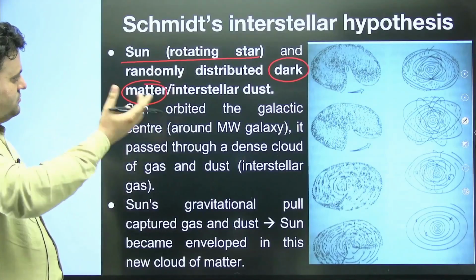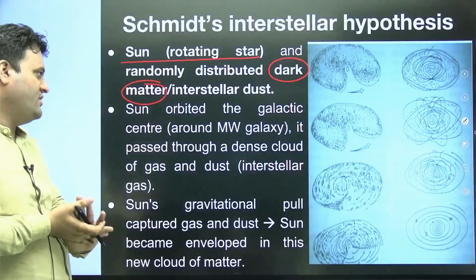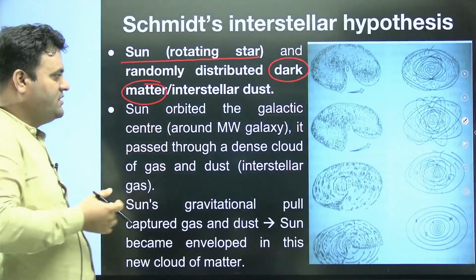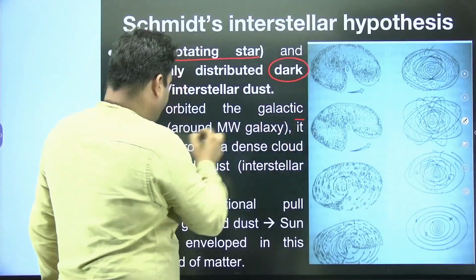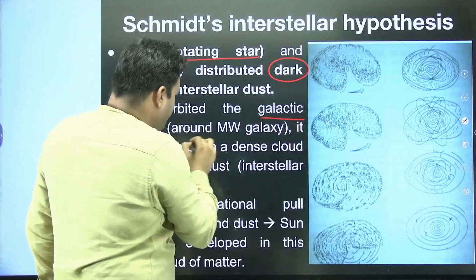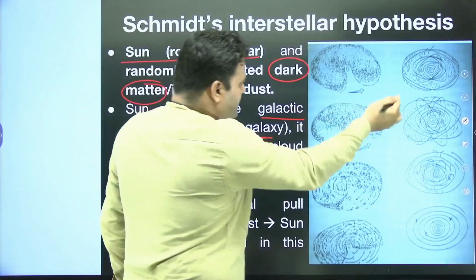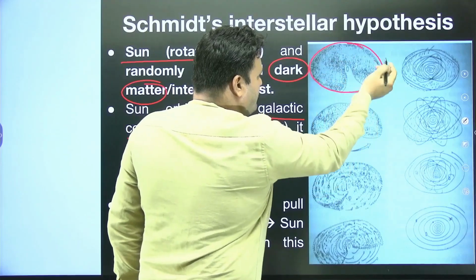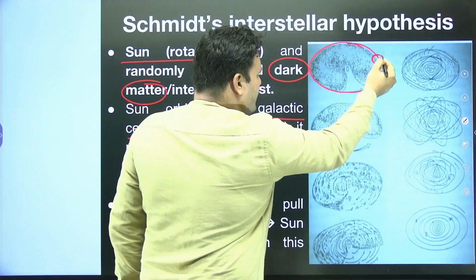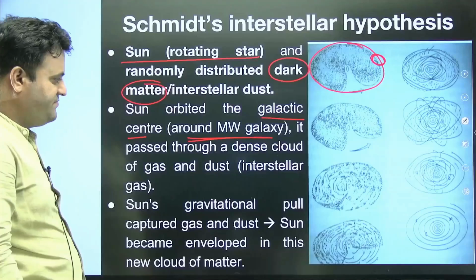So this sun, and we have dark matter or interstellar dust. Now the sun orbited the galactic center, the center of the galaxy, here our Milky Way galaxy, and the sun was orbiting around the Milky Way galaxy.